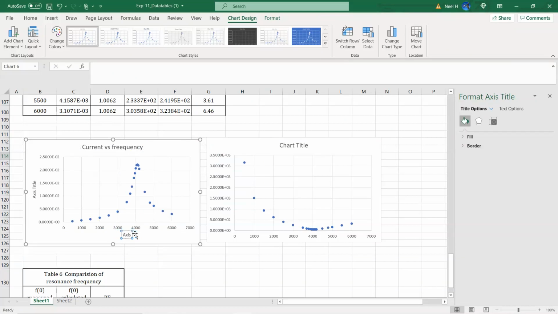In this case, the x-axis is frequency, unit hertz. And the y-axis is the current, unit amps. Okay.